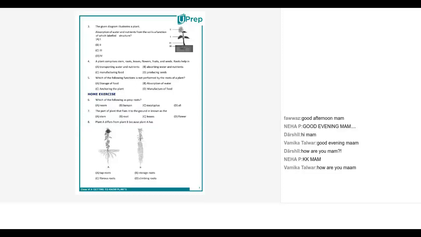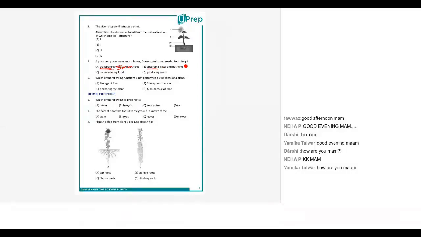So here, that's why I say always read it twice. Because see, water and nutrients, it's common. But here it is transporting and here it is absorbing. So who does transporting of water and nutrients? Ma'am, it's the stem. And who absorbs water and nutrients?